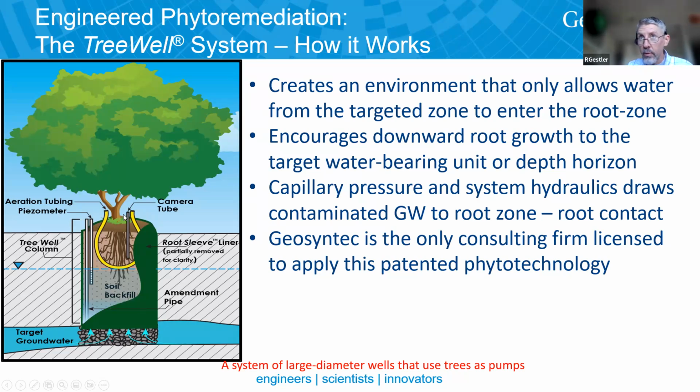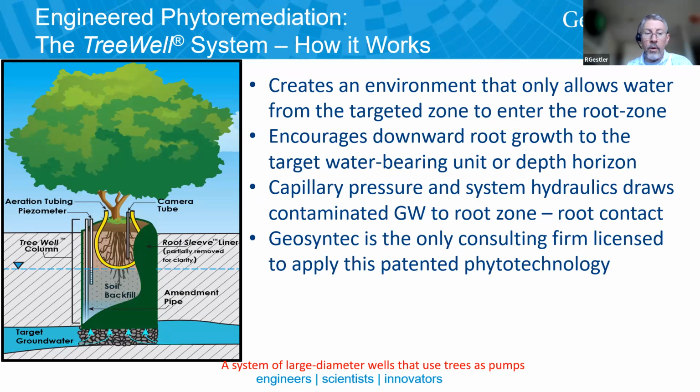We plant the tree at the top of this unit, slightly above grade, and then critically, we'll take the rest of that liner and wrap it around the base of the tree. That eliminates meteoric water from entering this system. It forces that tree then to root downward towards the capillary fringe of our target groundwater unit.